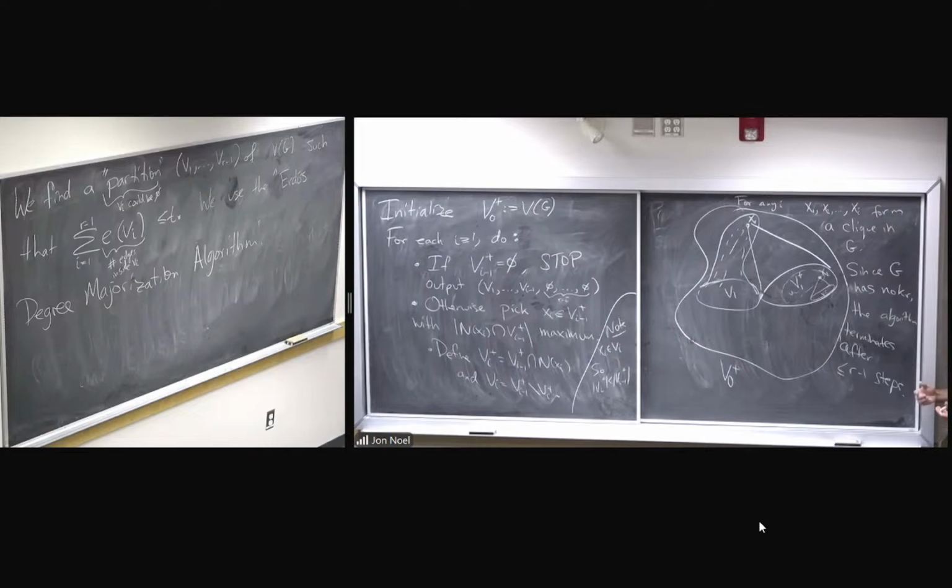So all we need to show is this inequality, that there aren't too many edges inside these sets. Is that clear, or any questions about that? I'm claiming this is a partition, and there are only r minus 1 sets in the partition, so these are disjoint sets.